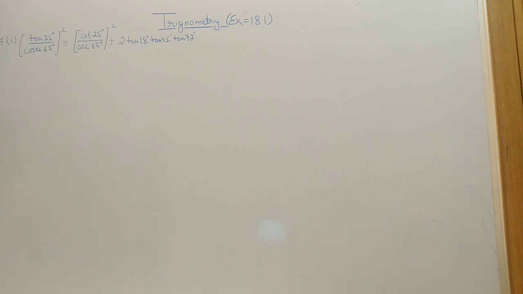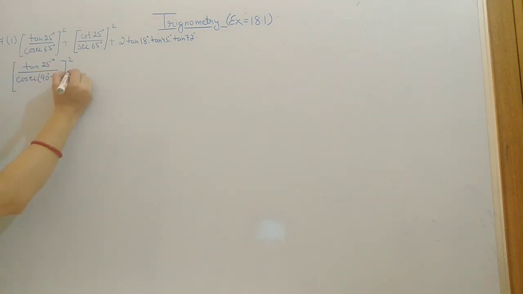Next question number 7, the first part. (Tan 25 by cosec 65) whole square plus (cot 25 by sec 65) whole square plus 2 tan 18, tan 45 and tan 72. So from this first term, we will change this cosec 65 first. Tan 25 by this 65 we can write as cosec (90 minus 25) whole square.